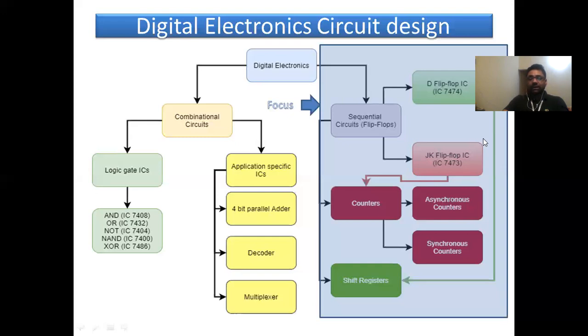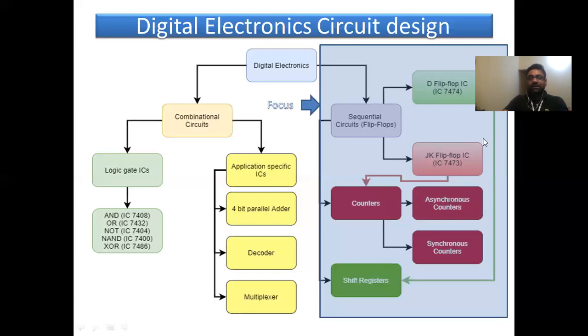This will work like an up counter if the Q output is connected to the subsequent JK flip-flop clock. When it is a positive edge trigger, the reverse will be there. That means the Q bar should be connected to the clock for up counting. In case of down counting, it will be just the reverse.